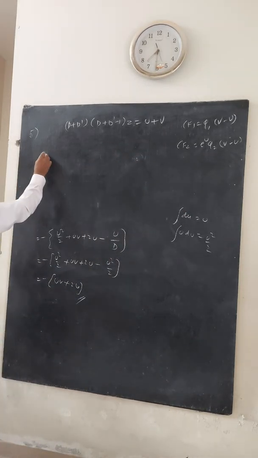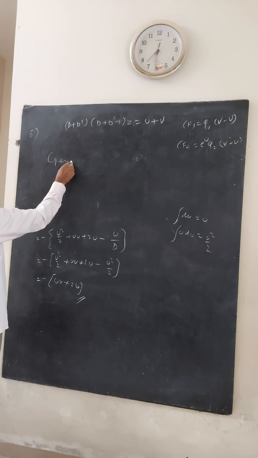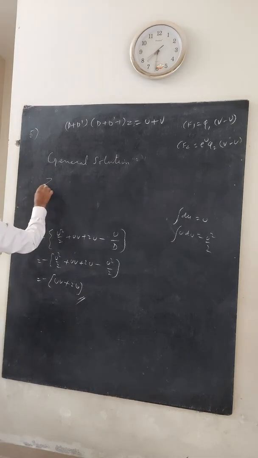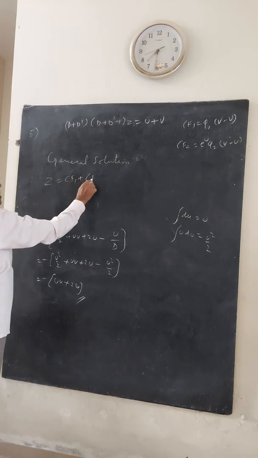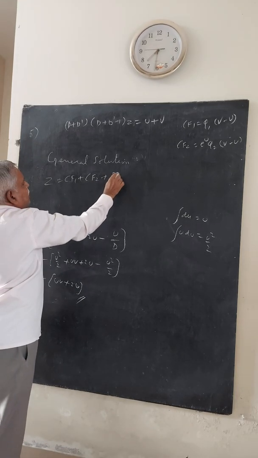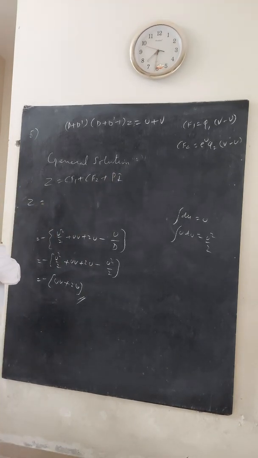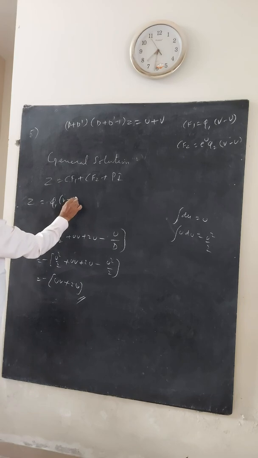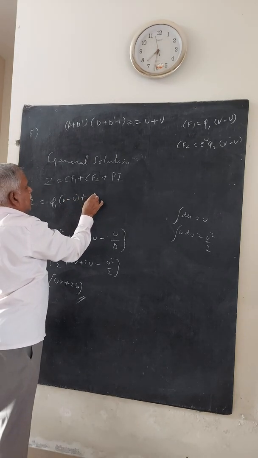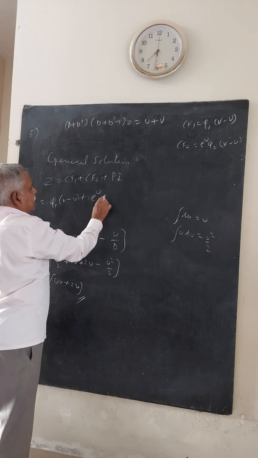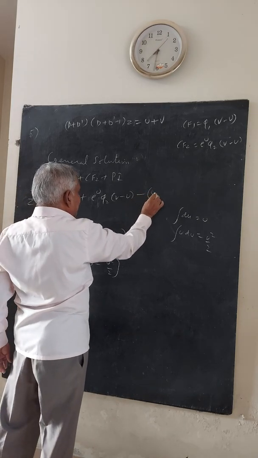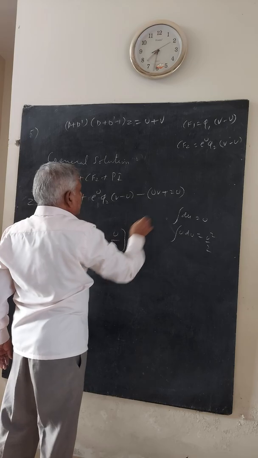Again writing the general solution. General solution is z equal to CF1 plus CF2 plus PI. z equal to phi 1 of v minus u plus e power u phi 2 of v minus u minus of uv plus 2u.